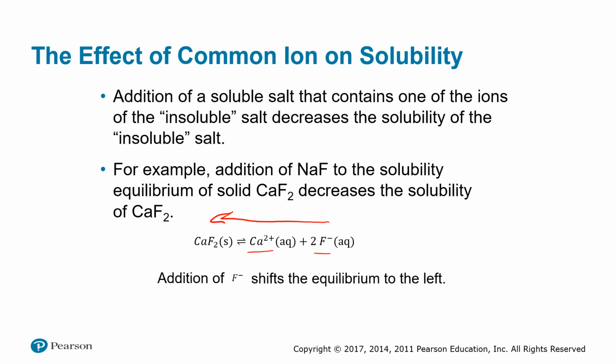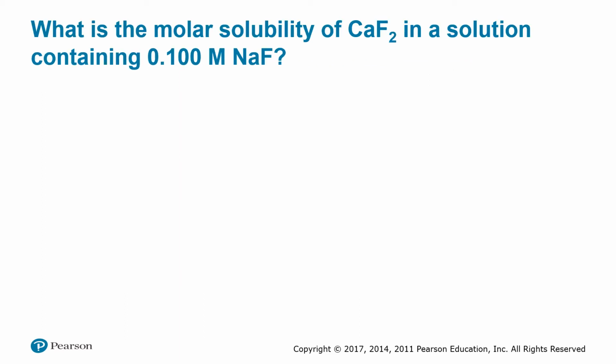Because of that common ion effect, you're adding more fluoride to a solution that already has fluoride. And so as a result, by adding sodium fluoride, you decreased the solubility of the calcium fluoride. And you can actually show this in a calculation.